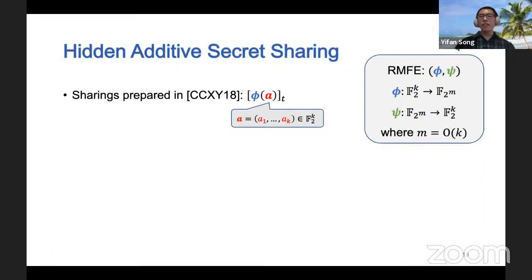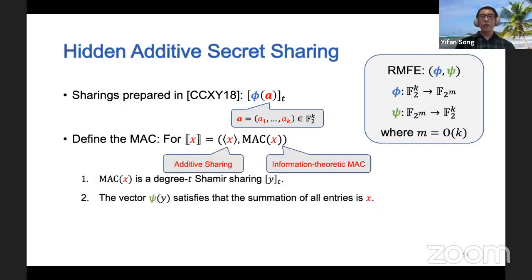In CCXY18, an RMFE is a pair of linear maps phi and psi. The sharings prepared in CCXY18 are in the form of degree T Shamir sharings of phi(A), where A is a vector of k bits. To use a SPDZ-like online protocol, we define the MAC part as follows.